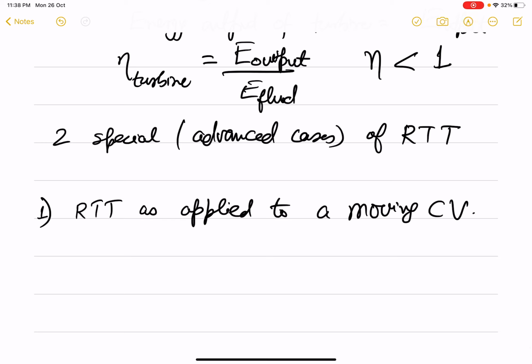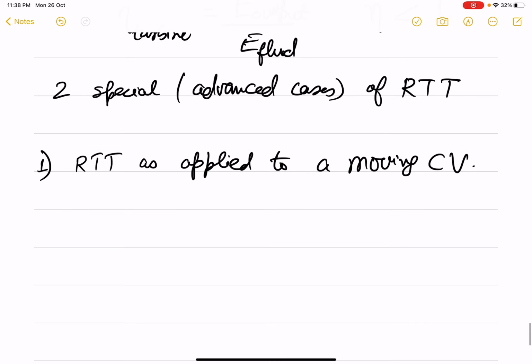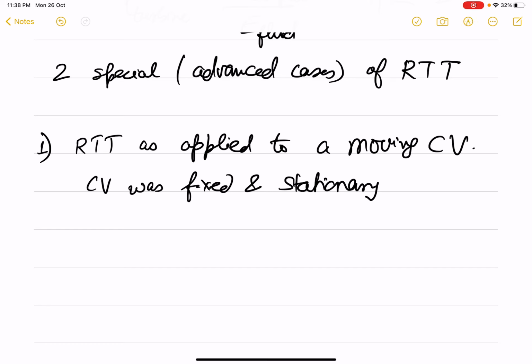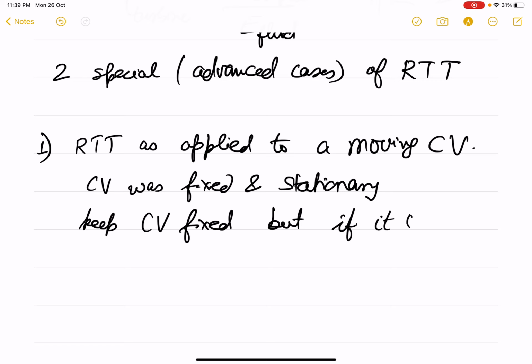So far, in the problems which we have seen, the control volume was fixed and stationary. Most of the problems we will still keep the control volume as fixed, but what if the control volume is moving?